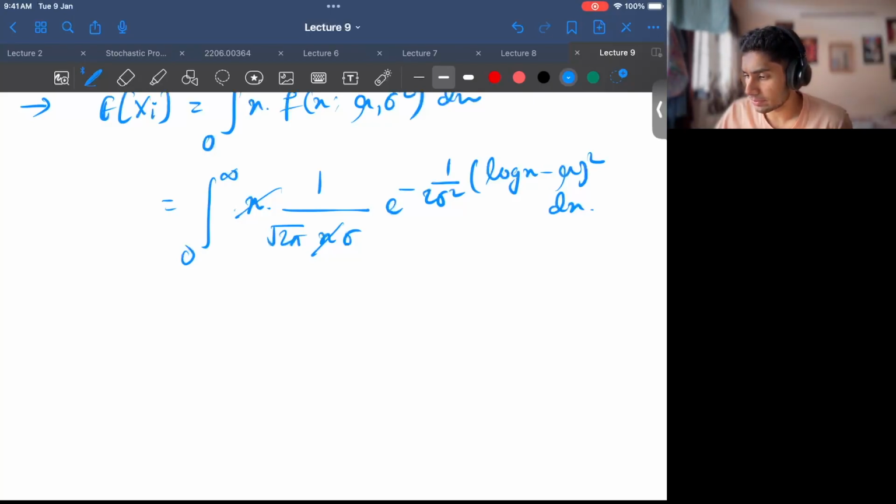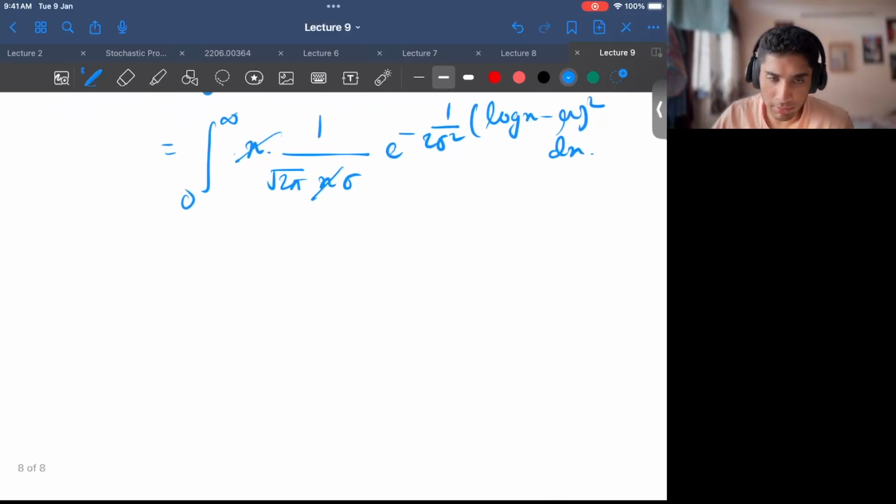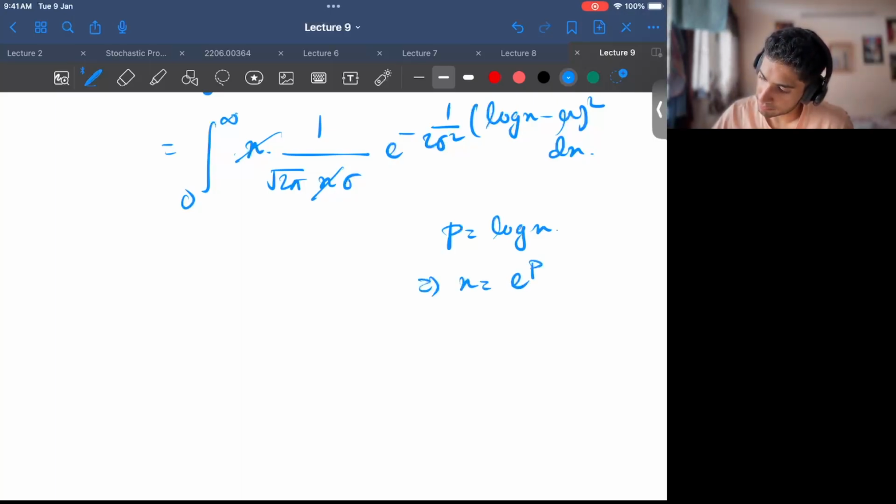Do we know any trick? It's actually simple, but maybe I will give you some hints. Use a change of variables. Let's say t is equal to log x. This means that x is equal to e raised to t, which implies that dx is equal to e raised to t dt.